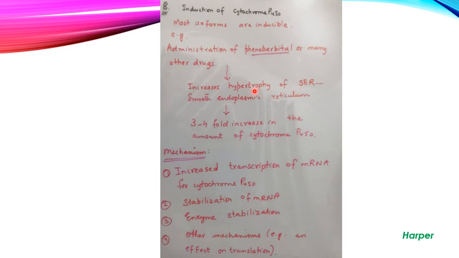Now, when there is an enlargement in the size of the smooth endoplasmic reticulum, there would definitely be a 3 to 4 times increase in the amount of cytochrome P450. So it means that this cytochrome P450 has been induced by an inducer, and that inducer is phenobarbital, a drug.